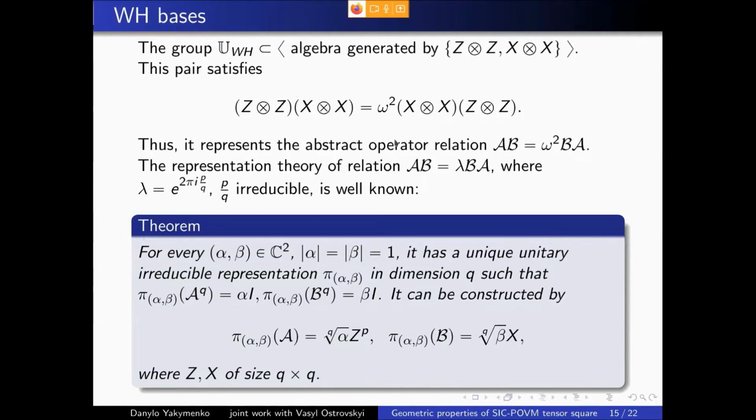So it means that this pair represents the abstract operator relation. In more strict words, we can consider the free algebra generated by two free variables with this relation, right?